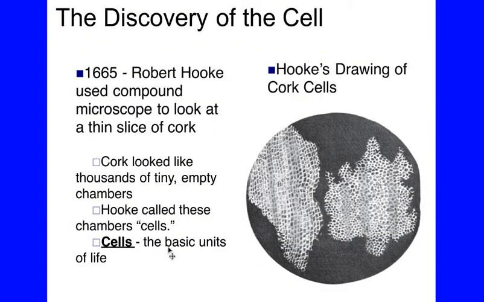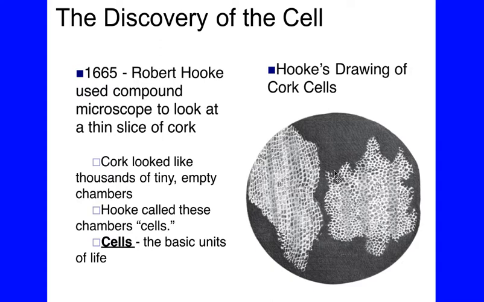Around 1665, there was a monk named Robert Hooke, and he used one of the first compound light microscopes to look at a thin slice of cork, which comes from the bark of a tree. So it's basically a plant product. He made a drawing of the cork cells that he saw.